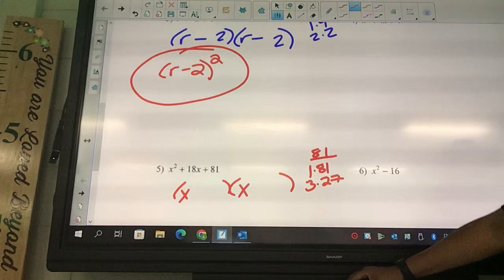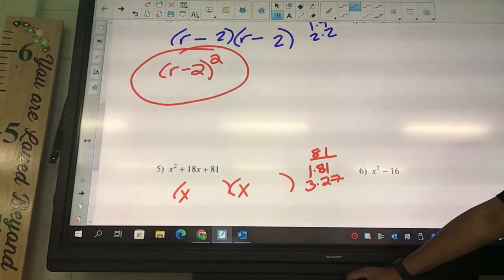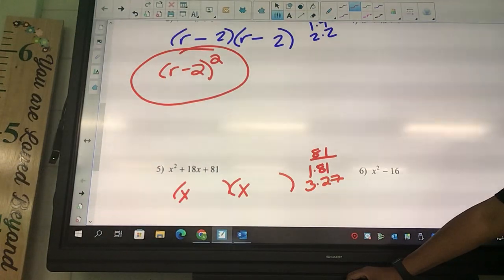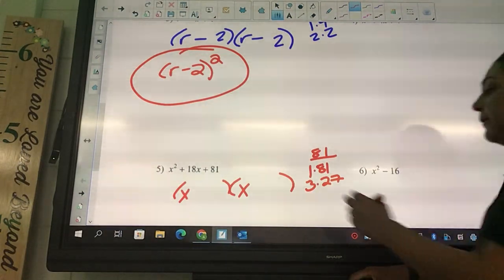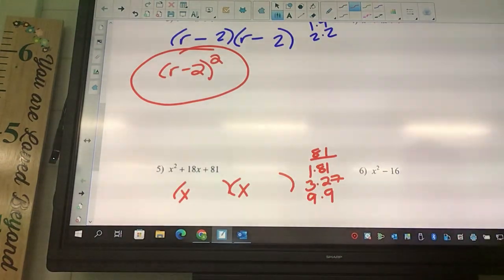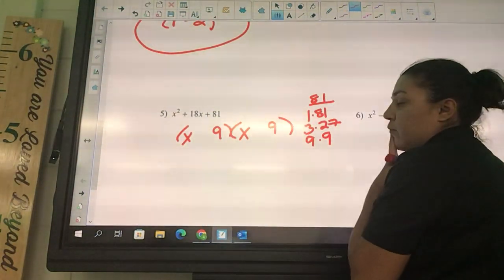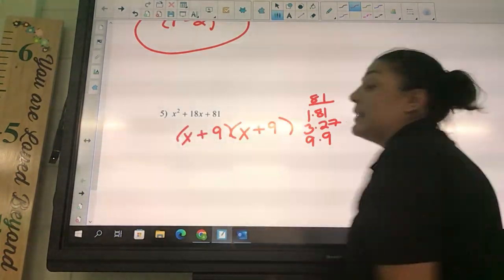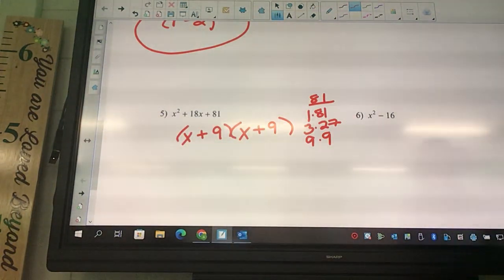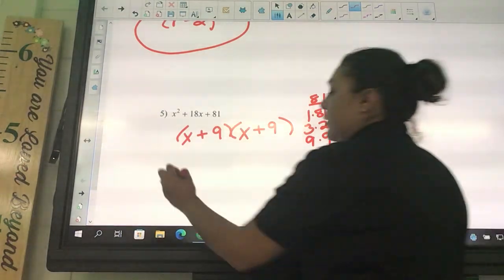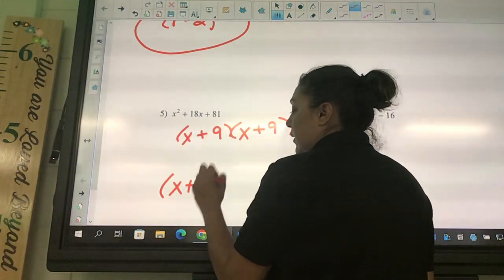No, apparently not. 3 and 21, what else? 9 and 9. Okay. I need something to give me an 18. 9 and 9. I need a positive 18. Yeah, you're going to say plus plus. Are these exactly the same? So what should our answer look like? Perfect. So it should be x plus 9 to the 2nd power.